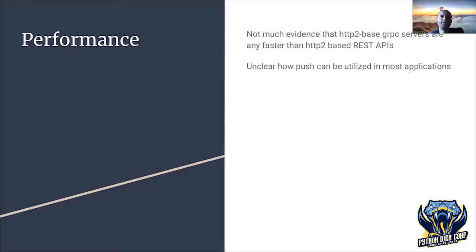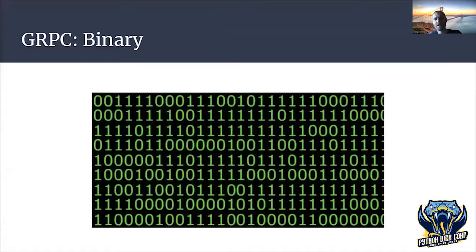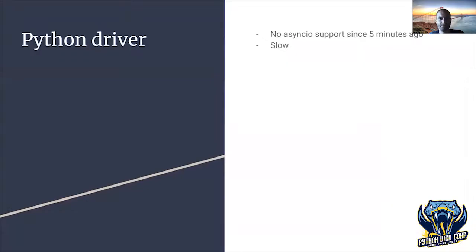But it's unclear how those features can be utilized in the gRPC way with much more advantage over standard REST APIs. And it's a binary format, so you can't even inspect the calls very easily. The tooling around understanding what's going on when you're making the requests is not great. There are a couple of tools available now, but it's not as easy as HTTP.